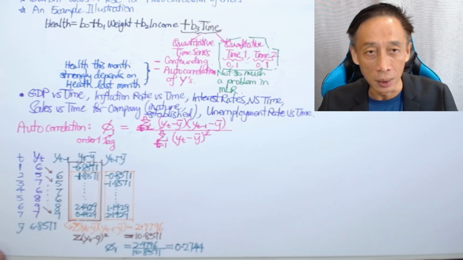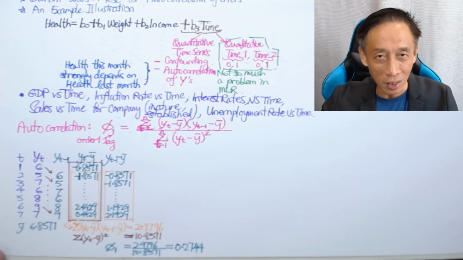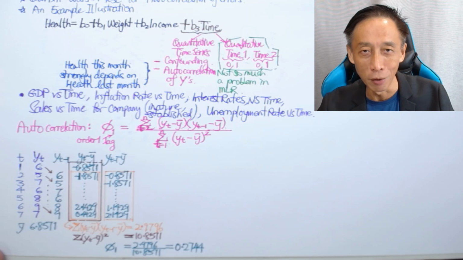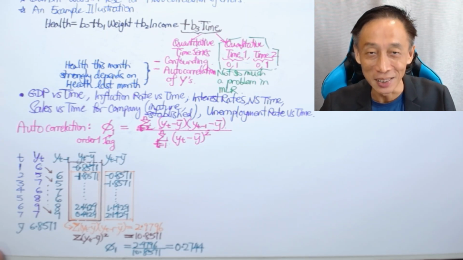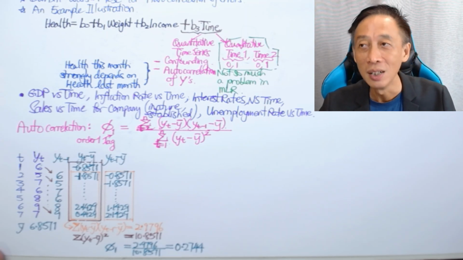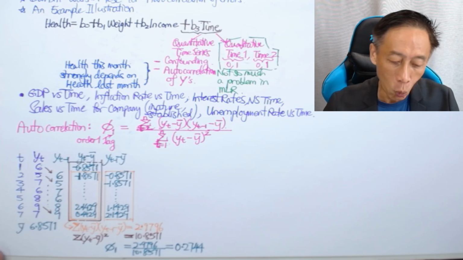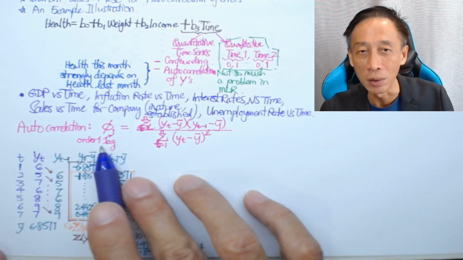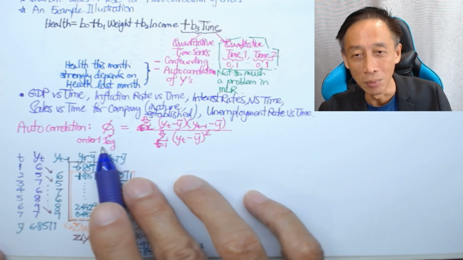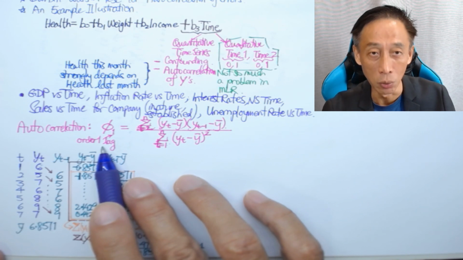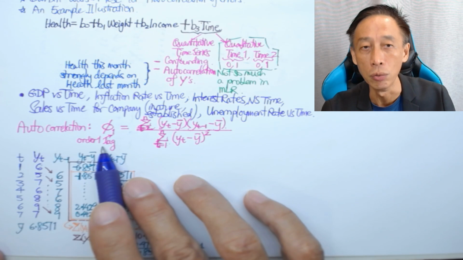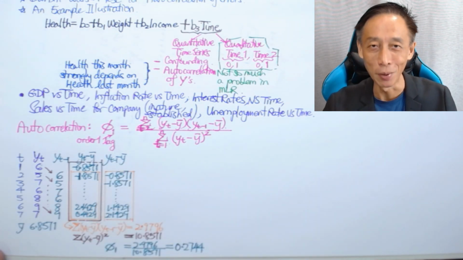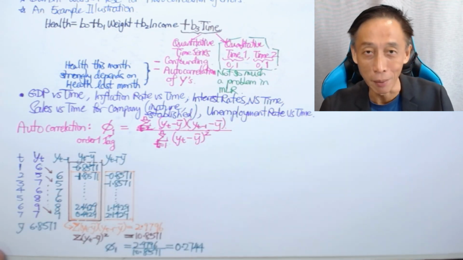Nothing is impossible, but it's just rarer for us to say that, oh, you know what, that phenomenon must be an order 12 autocorrelated data series. It's just harder to imagine. So while we don't have a maximum for order, for naturally occurring data, most of the time order 1 is sufficient to tame the problem due to the inclusion of the time variable.